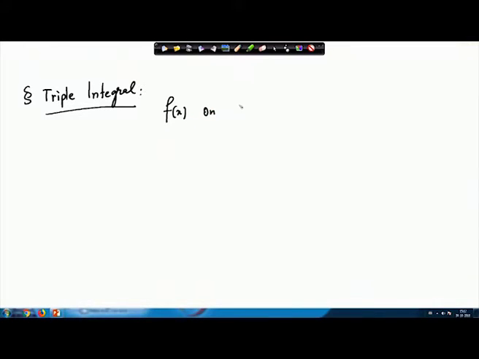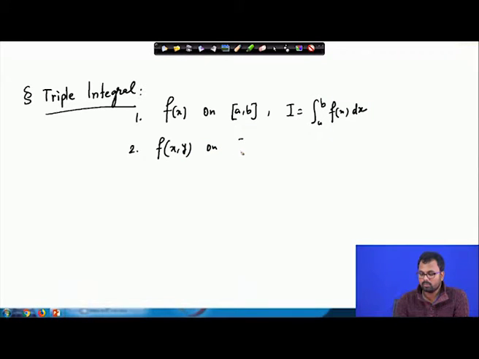an interval a to b, then in that case we can talk about an integral of this type. Or if we want to integrate along a curve, then we can also do that here. Now if we have a function, let's say, of two variables, so this was the first type of integral we saw. Now we have the second type of integral, which is basically if we have a function of two variables, say x and y, on a rectangle, let's say a to b cross c to d.